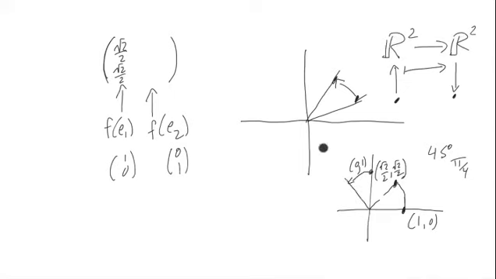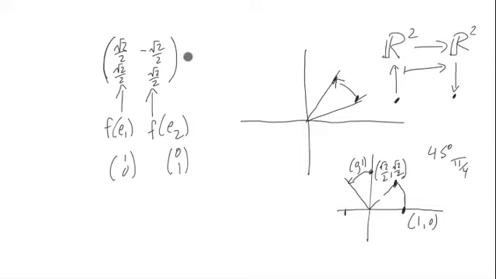Just over here, which is the same thing, but the x-coordinate is negative root 2 over 2, and the y-coordinate is the same, root 2 over 2. It's the same as this, but you have a negative in this coordinate because that represents the negative x-coordinate here. Okay, so this is the matrix which represents the function of rotation by 45 degrees in the plane.